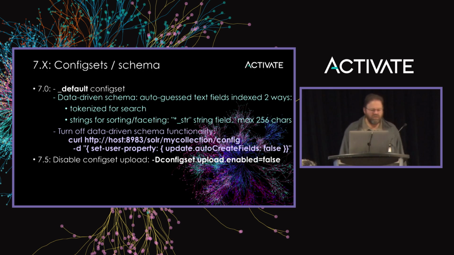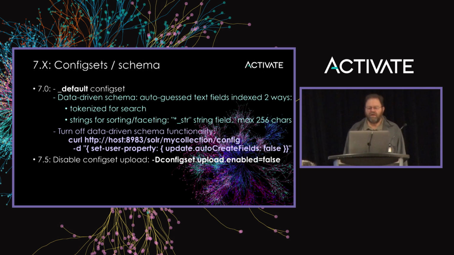They're tokenized for search, but also as strings for sorting and faceting. So you get 2 separate fields for each, copyField from the tokenized one to the string field. And the string field is truncated at 256 characters.